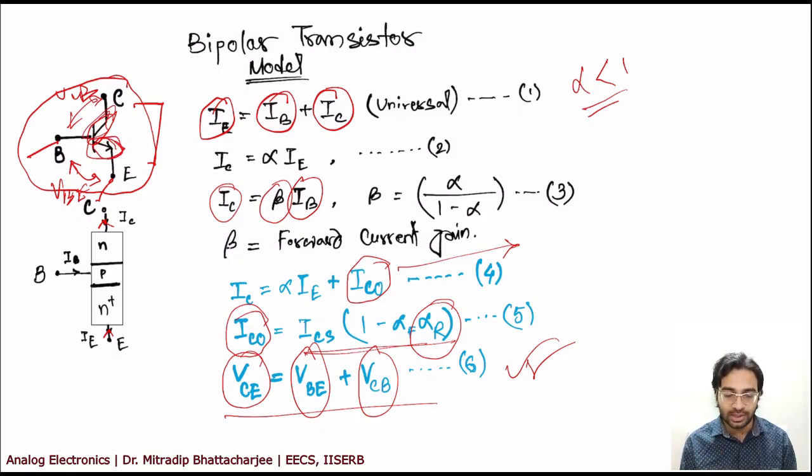Their polarity will change. So VCB will be the reverse polarity, and your VCE will reduce because both the junctions are in forward bias. In active mode, your base-emitter junction is forward bias and your base-collector junction is reverse bias. So I have explained this already.